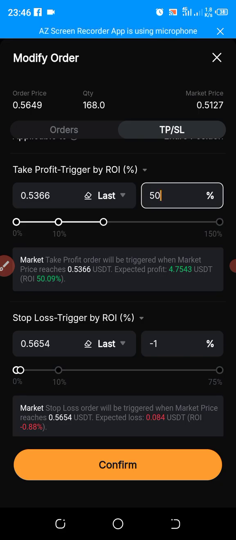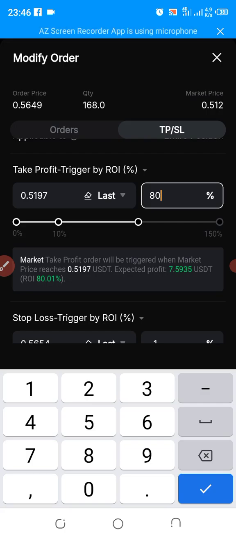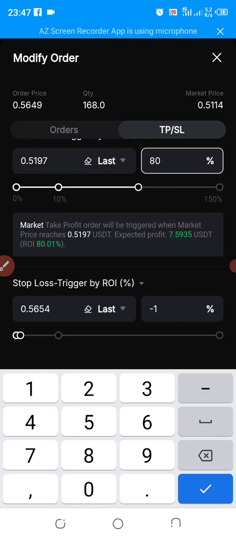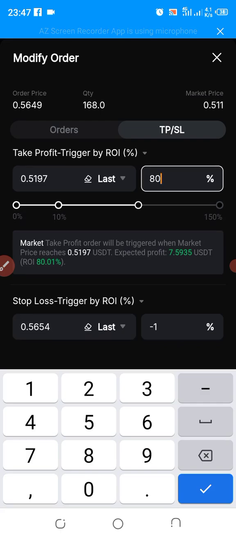If you want the trade to reach maybe 50%, and the trade has already reached 30%, you can come here and adjust it to maybe 80%. Let's say the trade is going fine, so you can adjust it to 80%.